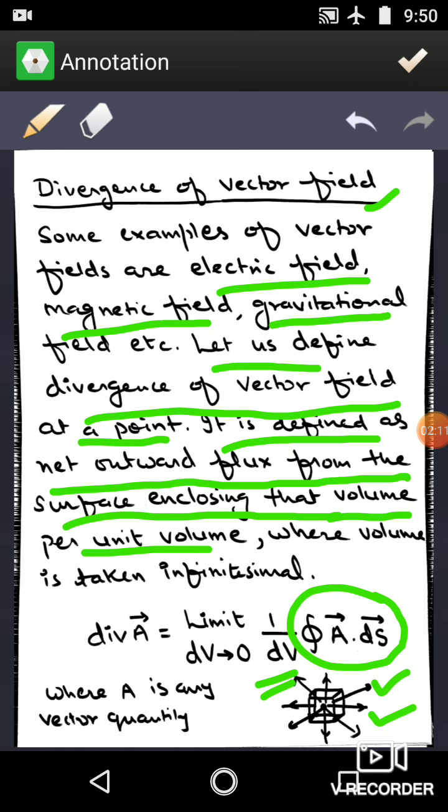Also we will apply a condition, limit dV tends to 0. Then this whole quantity is called divergence of A.